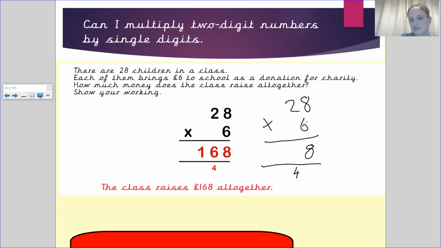They've then said 6 times by 20, which is 120, plus the 4 down here, or the 40, would be 168. So in total, the children would have raised 168 pounds altogether.